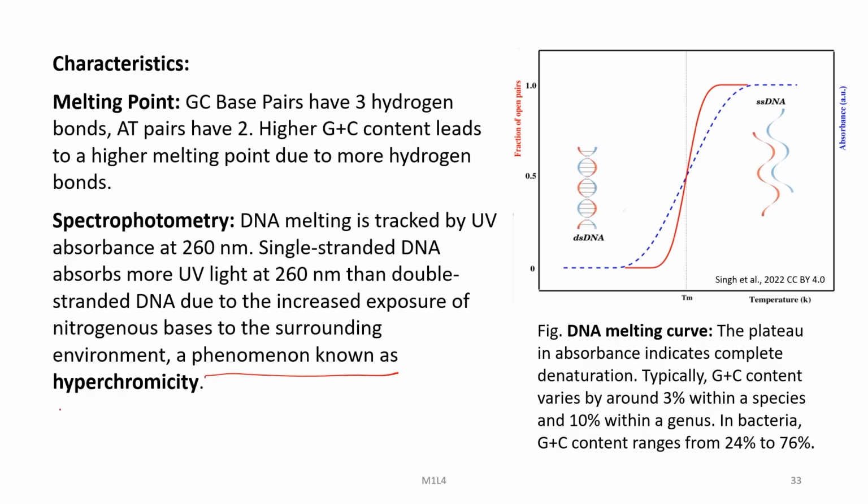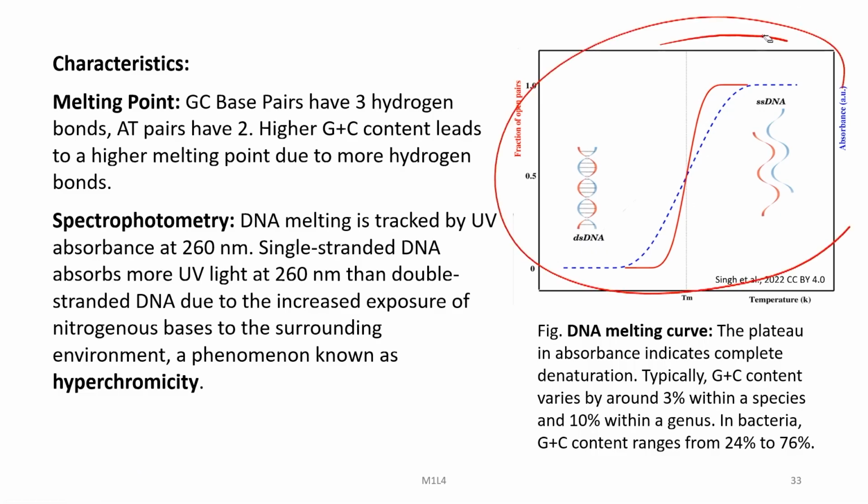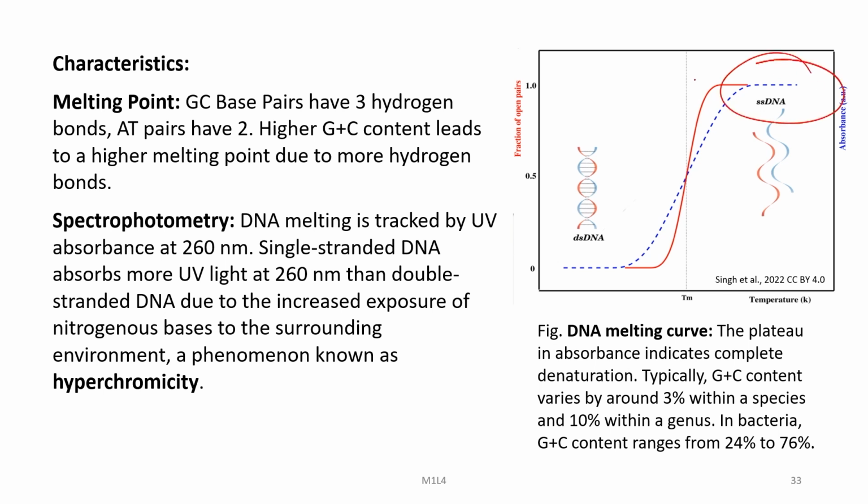This phenomenon is known as hyperchromicity. In brief, if you look at this graph, which is a DNA melting curve, the plateau in absorbance indicates a complete denaturation, and this is the double stranded DNA, as already mentioned.